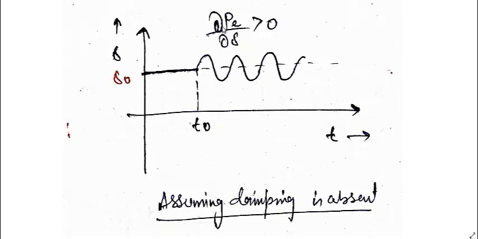You can see this is when del p by del delta is greater than 0, and since I am assuming that the damping is 0, if there is certain damping, these oscillations will settle down, and this delta will again be equal to delta naught. So this is the actual variation of the delta. This is not the delta delta.